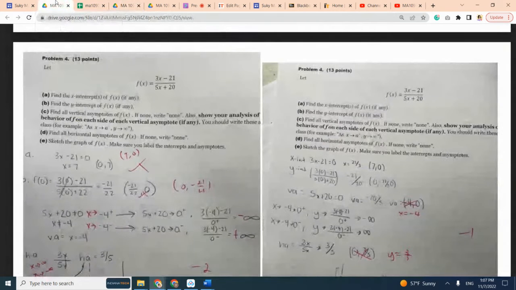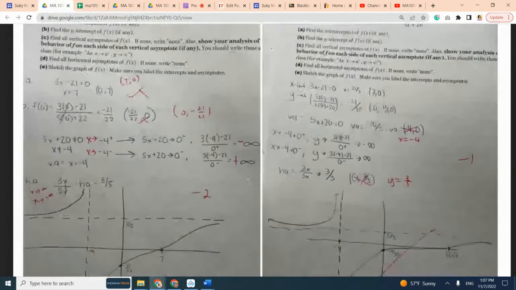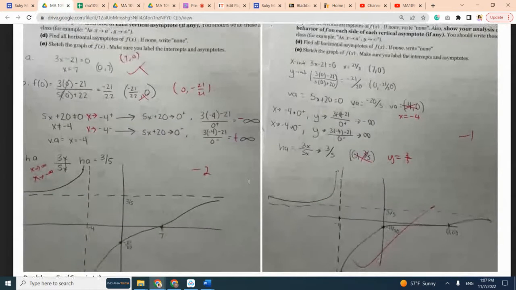Okay, let's look at B6. So here on the left, x-intercept (7, 0), no, (0, 7). Y-intercept (0, -21/22). Yeah.